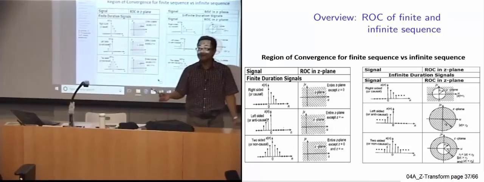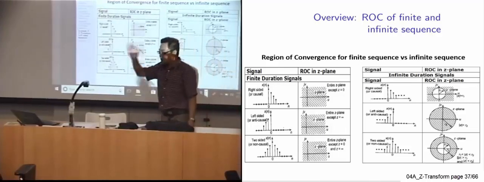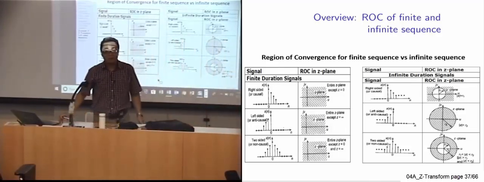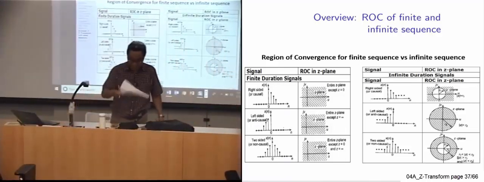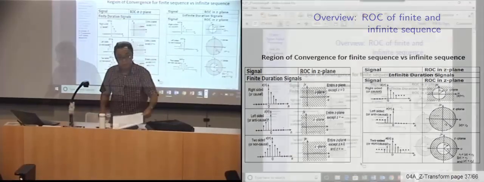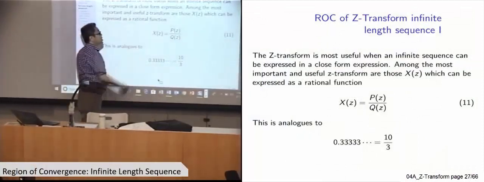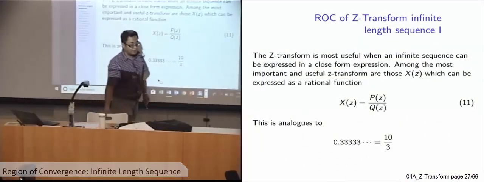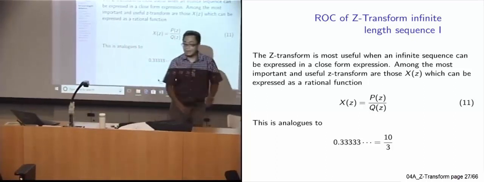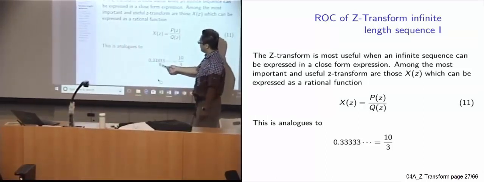So causal sequence, sorry, finite length sequences are very nice. The H of Z is everywhere except Z equals 0 or Z equals infinity. But what about infinite sequences? When we have an infinite sequence that never ends, just like this example, it's very nice if we can just express it as 10 over 3.